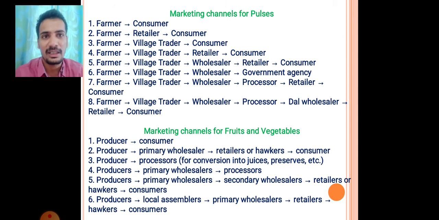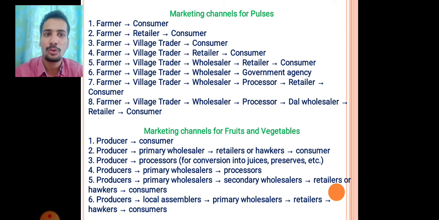Then in the case of pulses, farmer to retailer and retailer to consumer, then farmer to village trader to consumer, then farmer to village trader, village trader to retailer, and retailer to consumer. Then the fifth, farmer to village trader, village trader to wholesaler, wholesaler to retailer, and retailer to consumer.